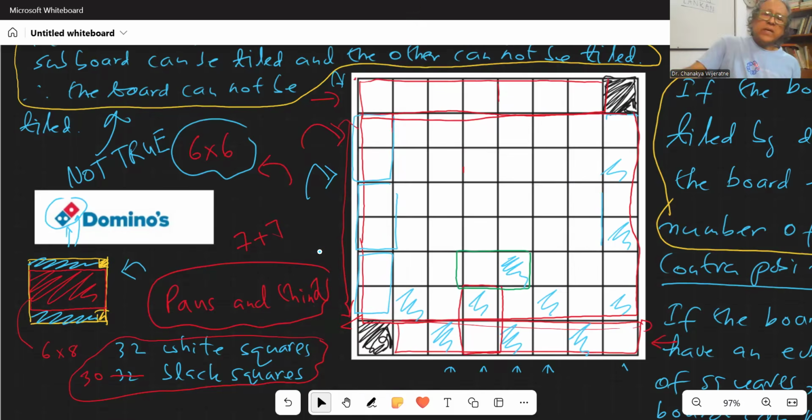So likewise, you can see that every time you place a domino on this mutilated board, it always covers one black and one white, right? So then, if this can be tiled by dominoes, and since each domino covers one black and one white, it means that the board should have an equal number of black and white squares, right?